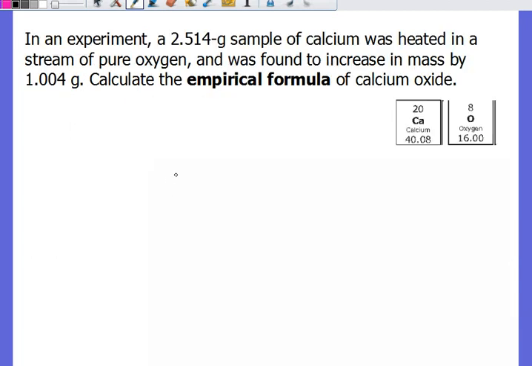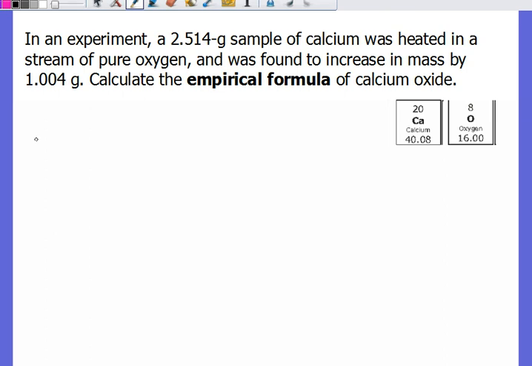And then the last one from that sheet, you have this sample of calcium. It's heated in a stream of pure oxygen, and the mass of the compound that it makes increases by 1.004 grams. So you have this much calcium, and this much from your oxygen, which goes into it to make a total sample.